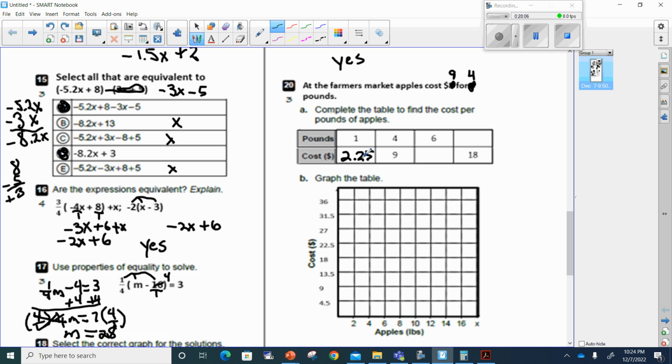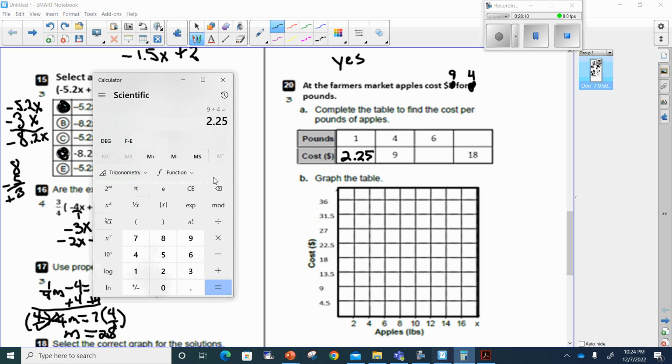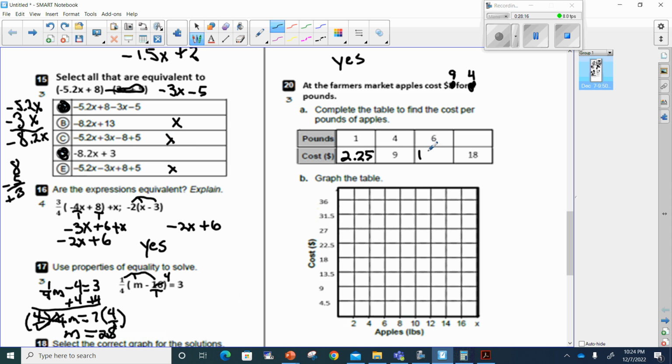All right, now that I know what 1 is, I can find the rest of these. Because if 1 is 2.25 and I want 6, I'm going to take 2.25 and multiply it by 6. And that's going to give me 13.5. So that's $13.50. Now to find out what 18 is, well, I'm going to have to take 18 and divide it by 2.25.